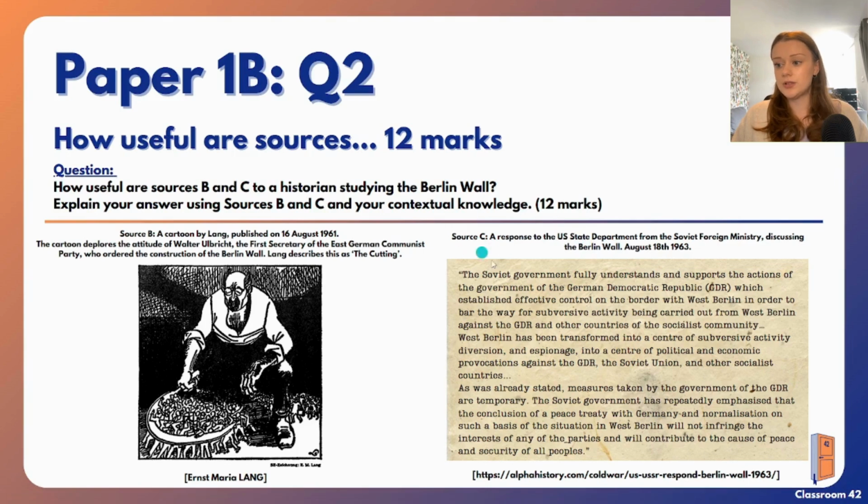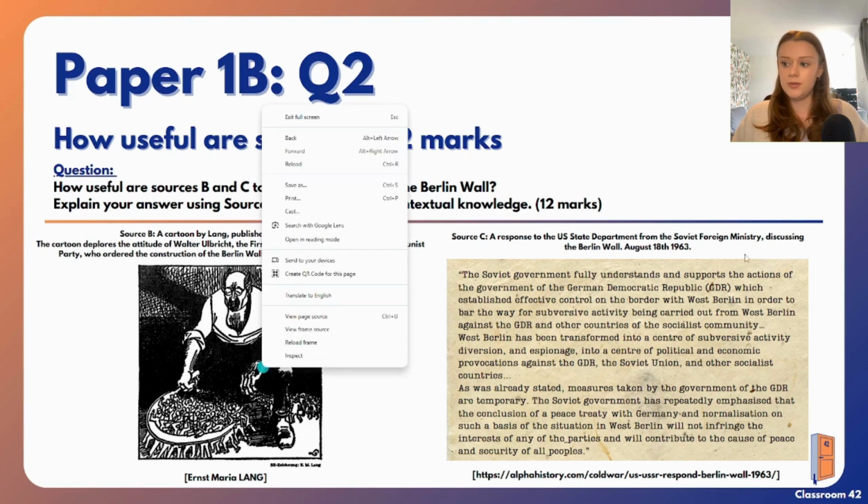And then our source C is a response to the US State Department from the Soviet Foreign Minister discussing the Berlin Wall. Basically the Soviet Foreign Ministry are defending why they built the wall and talking about how it was to reduce the subversive activity and espionage and that kind of thing. So those are our 2 sources.